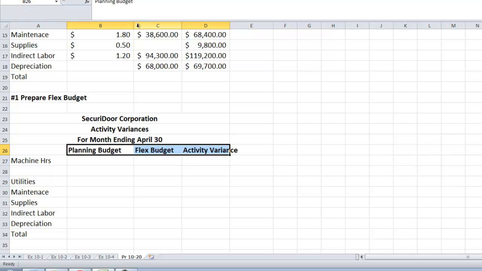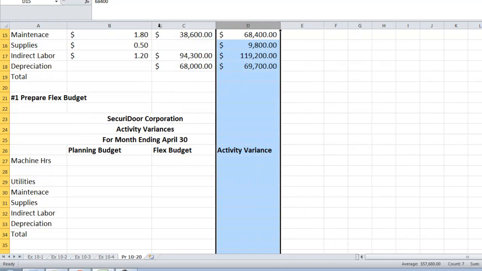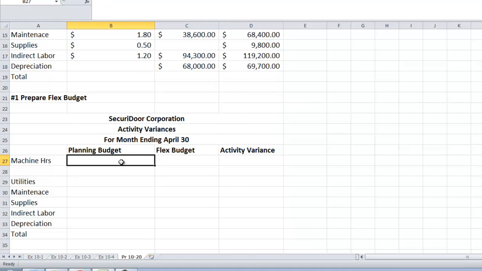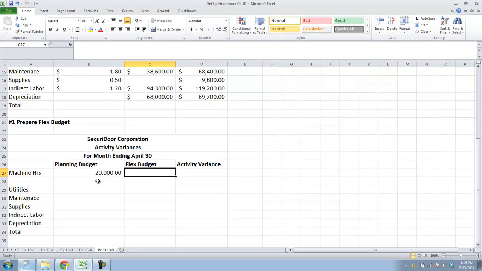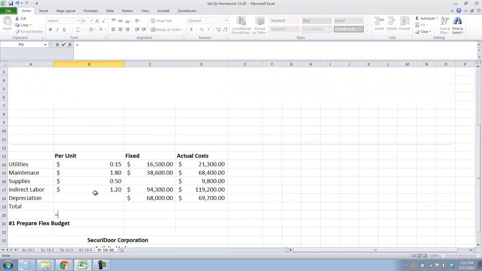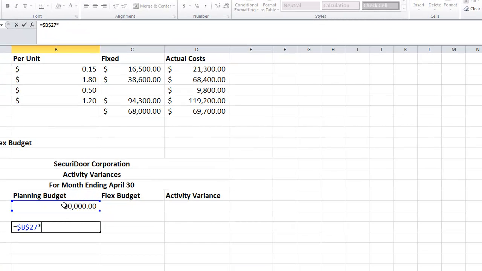Okay, so now that we've done this, we first need to calculate our planning budget. Our planning budget was based on 20,000 machine hours. So utilities would be 20,000, and I'm hitting F4, times whatever the variable amount is, but I'm going to go back into my formula and put parentheses around here.